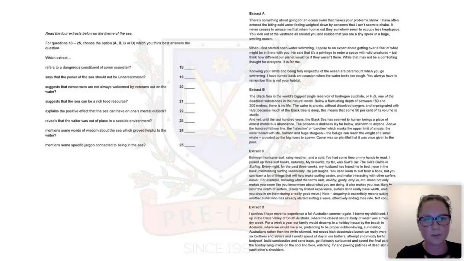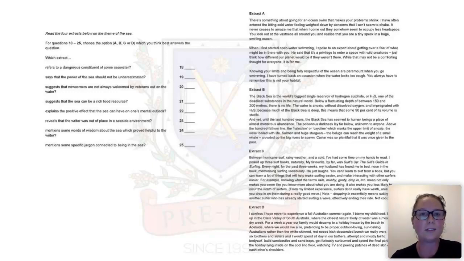So the best approach for this, well, there's a few different approaches and it depends on what works for each student because every student works differently and processes differently. So you really need to find what works best for each individual. But one of the approaches can be to read the clues first, and the test is still on paper at the moment.